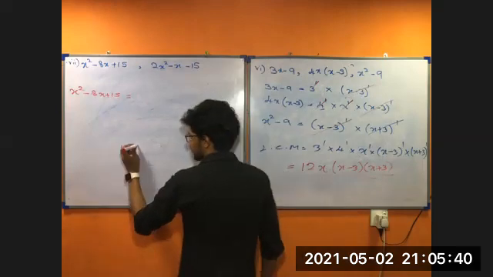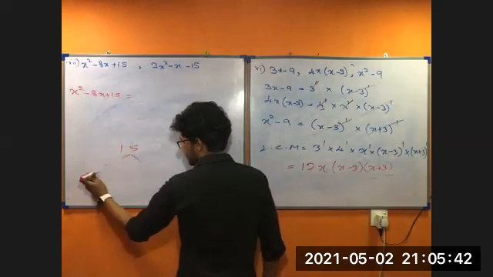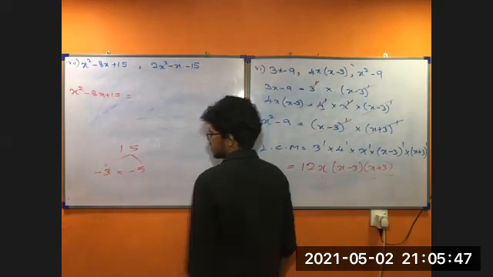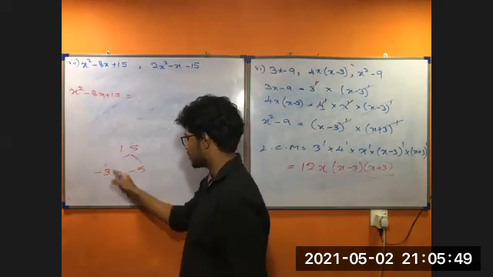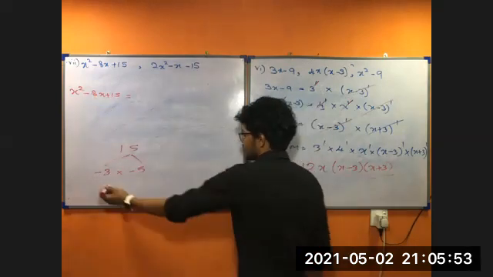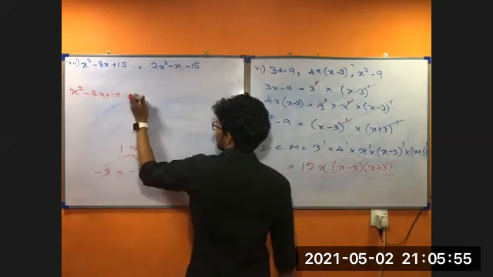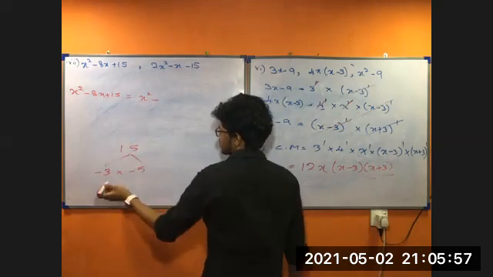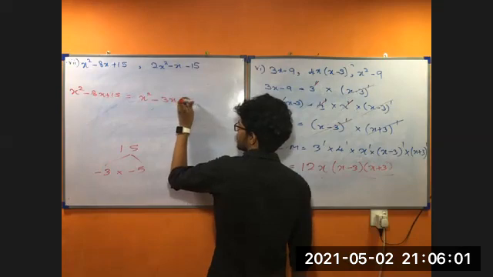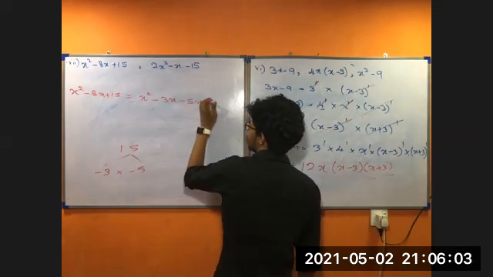Minus 5 times minus 3 gives plus 15, and when you add them, it gives minus 8. So I will use these two. It gives x squared minus 3x minus 5x plus 15, right?